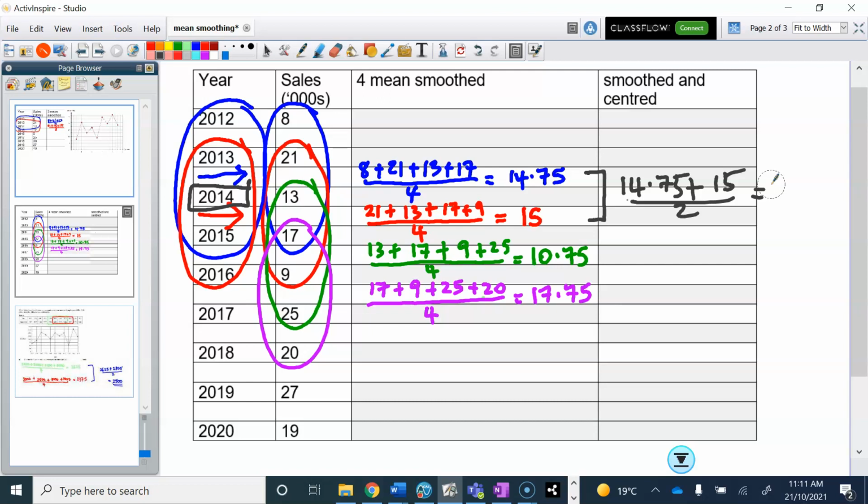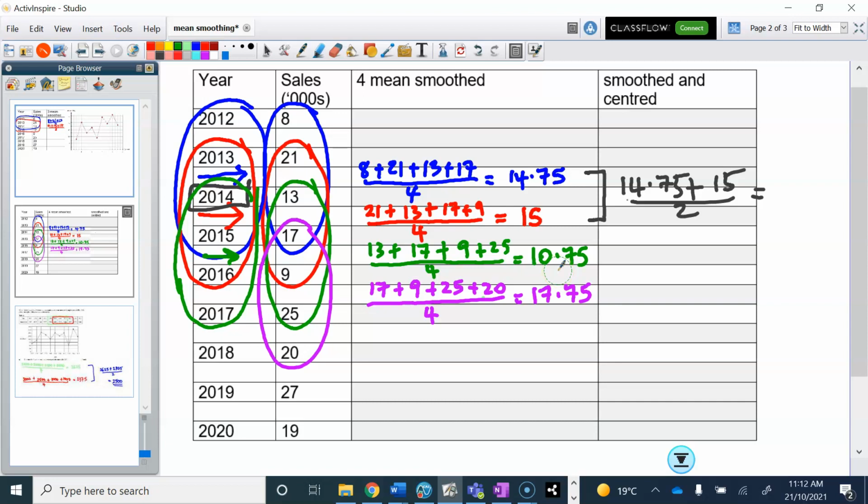Again, the green data relates to 14, 15, 16 and 17. And again, that midpoint falls in between 15 and 16. And the mean is 10.75.